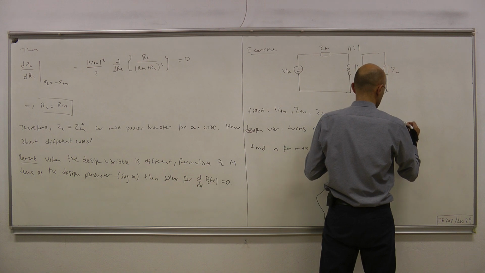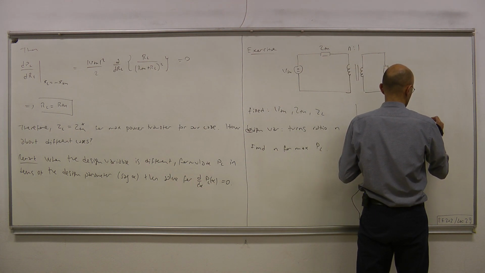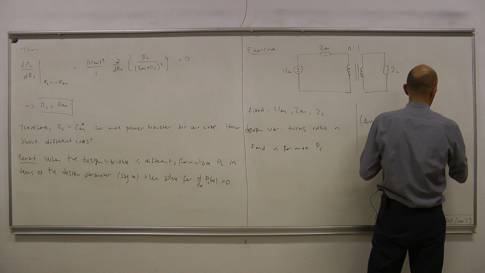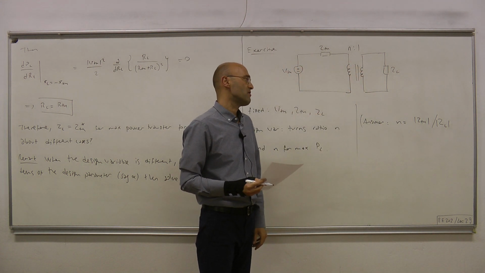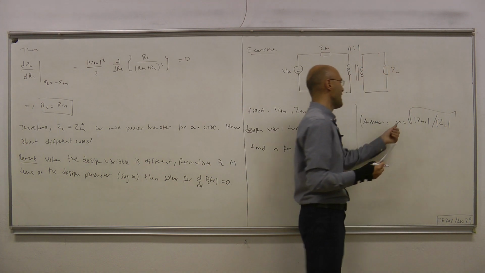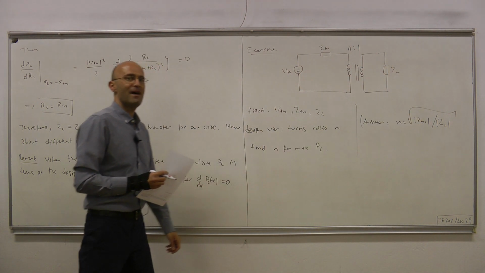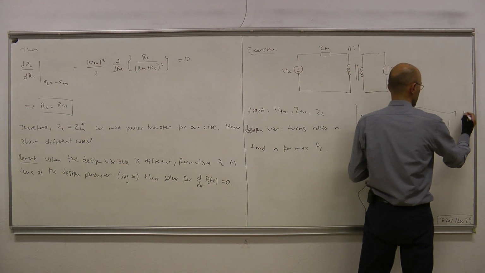The answer is n should be chosen so that it equals the ratio of magnitude of Z Thevenin to magnitude of ZL, then you take the square root. Or n squared must equal the ratio of the magnitudes, Z Thevenin magnitude over ZL magnitude.